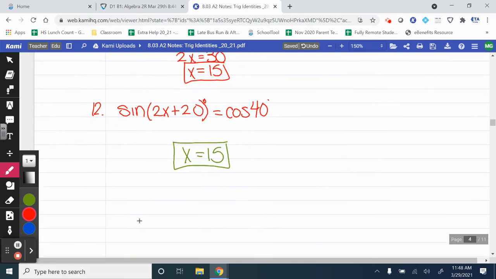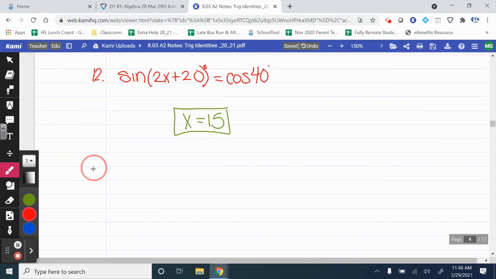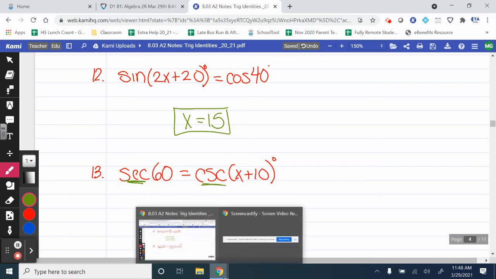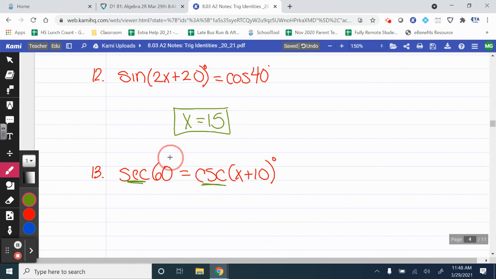Let's do another one. So let's switch it up. Instead of sine and cosine this time, let's take the secant of 60 degrees equals cosecant of x plus 10 degrees. So this time it's a little bit different because we don't have sine and cosine, we have secant and cosecant, but the same exact concept. So once you see them set equal to each other, if it helps, circle the angles, set them equal to 90, and solve for x.